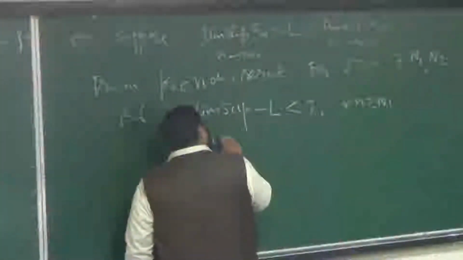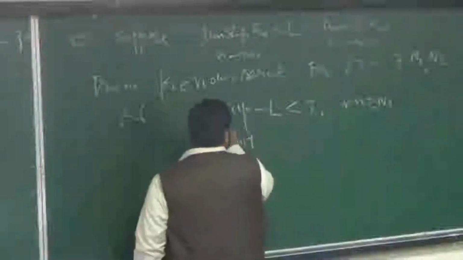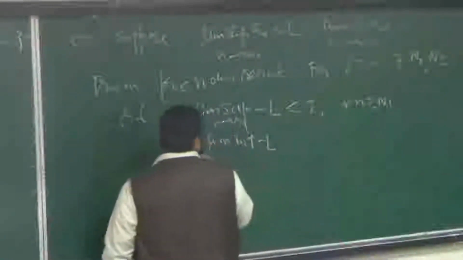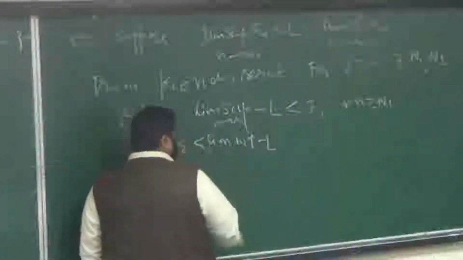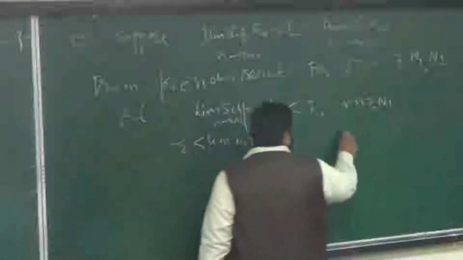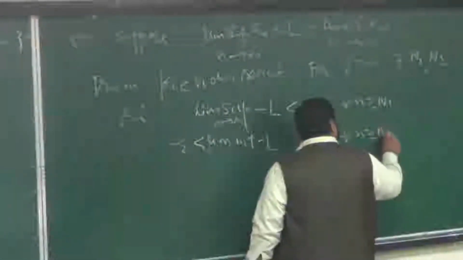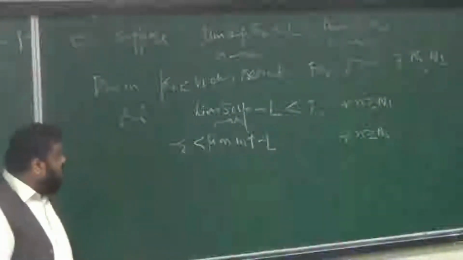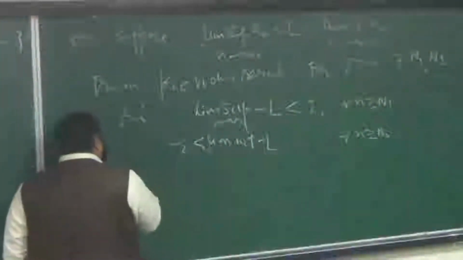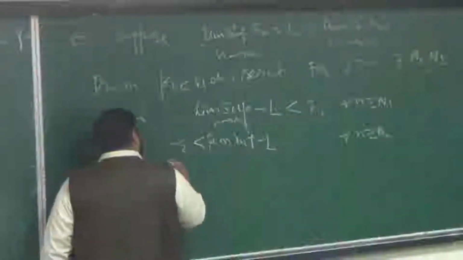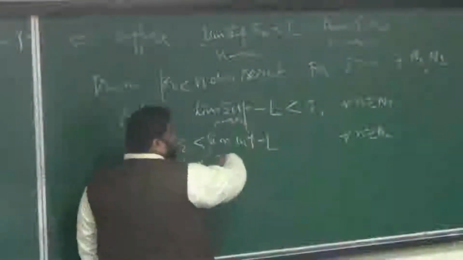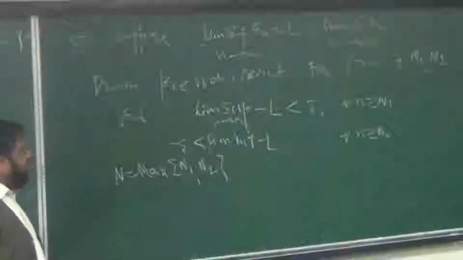And the distance between lim inf minus L is bigger than minus epsilon. Okay? And this is so for all n bigger than or equal to n2 actually. Now take the maximum. Okay, we got that. And then, if I take n to be the maximum of n1 and n2, since both of these are true, what this is going to show up.